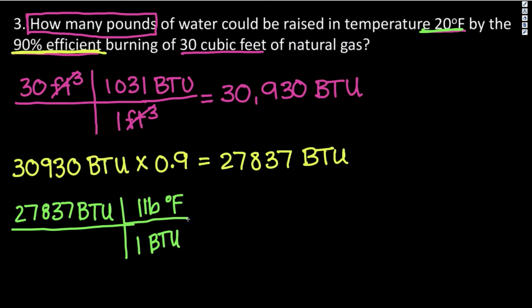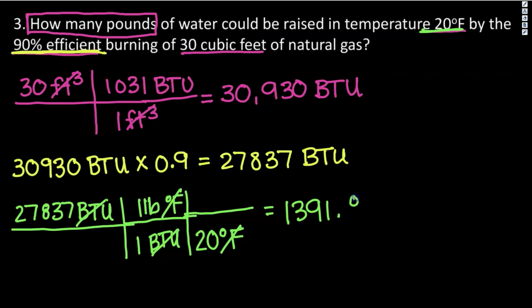So this is a 1 and then that's a pound. We're going to cross out those BTUs, and we want our answer in pounds, so we need to figure out a way to get rid of this Fahrenheit, and luckily they gave us this 20 degrees Fahrenheit. So we can put this 20 degrees Fahrenheit here, and now all we're left with is pounds. So now we can do 27,837 and divide that by 20, and we'll get 1391.85 pounds.